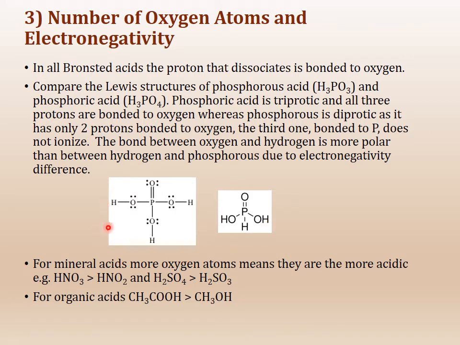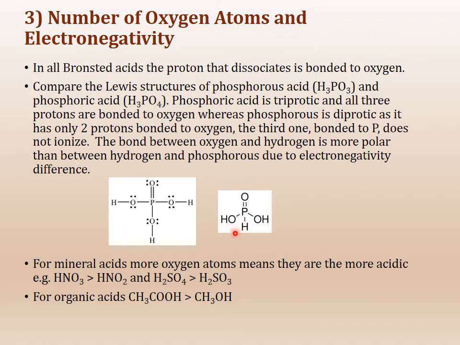The triprotic acid from H3PO4 is coming from the fact that the 3 hydrogens are attached to the oxygen. The diprotic acid in phosphorus acid, even though it has 3 protons, is coming from the fact that only 2 of the hydrogens are attached to the oxygen.